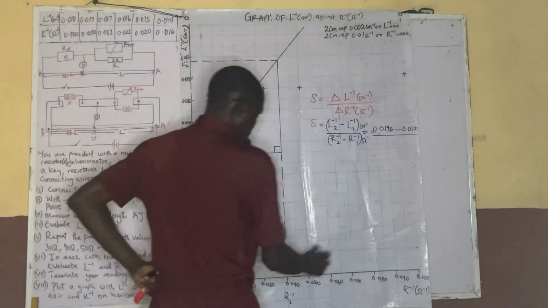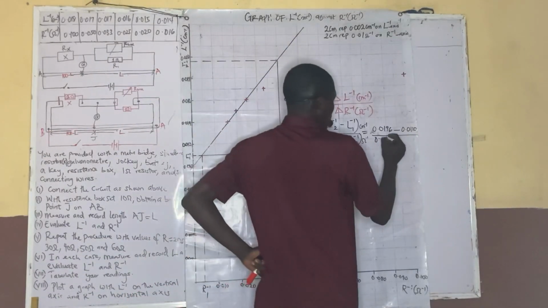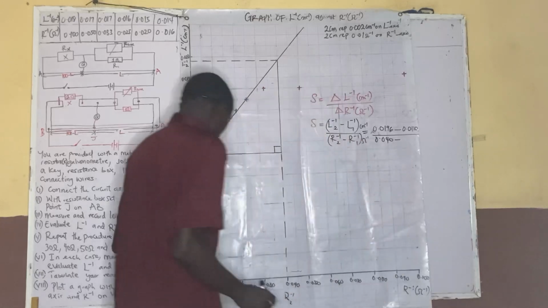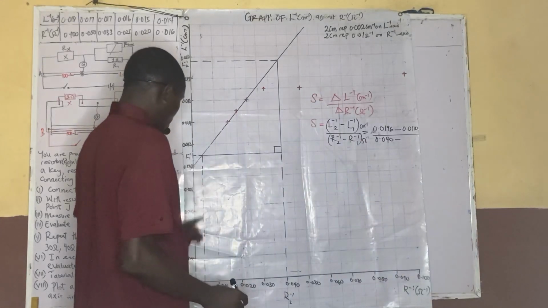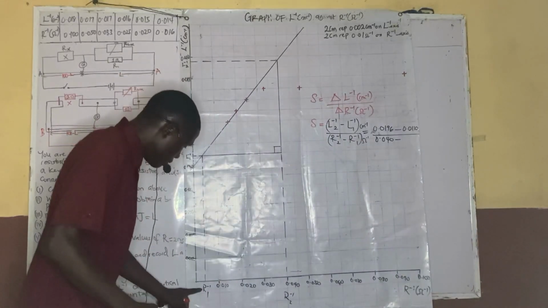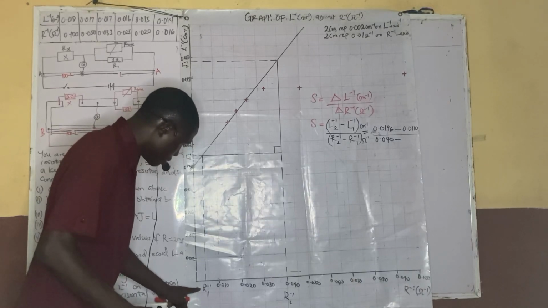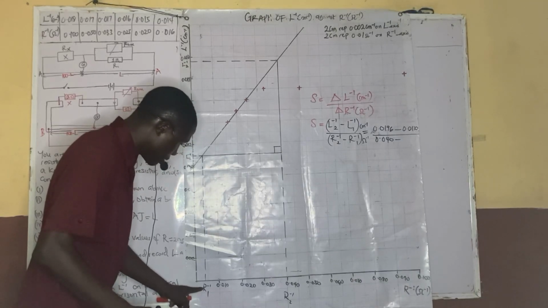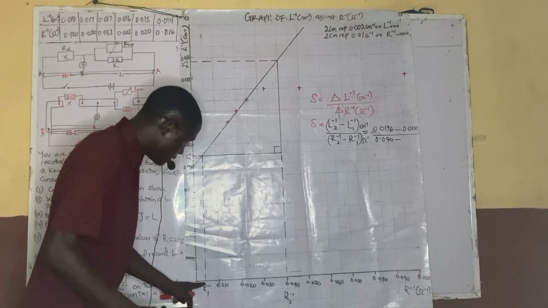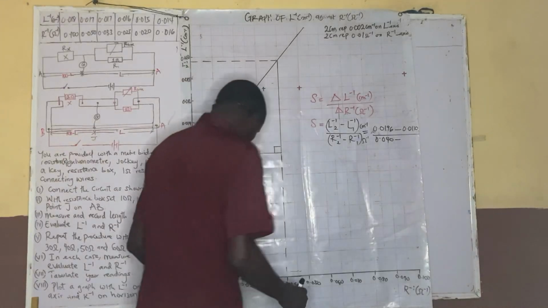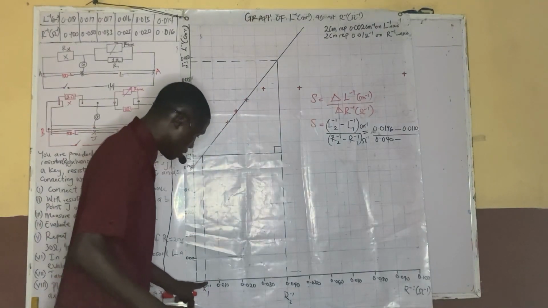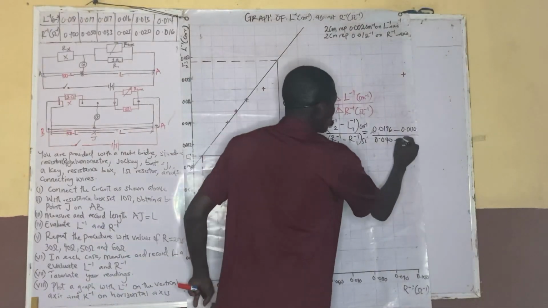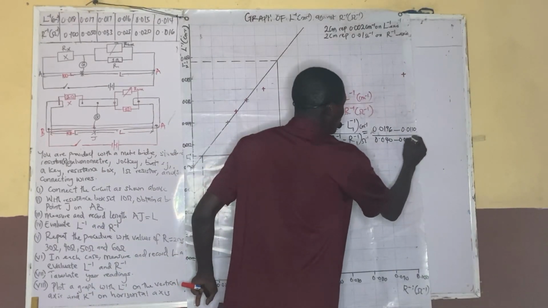So this one is 0.040 minus this one, 0.004.